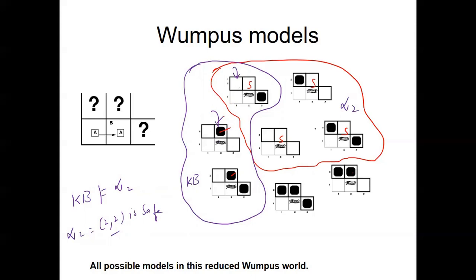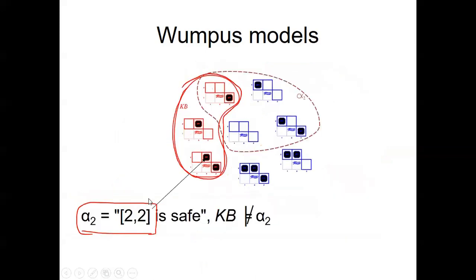KB is false, and alpha 2 does not have this information itself. Here we say it is safe, but actually it is not safe, and this is not available in alpha 2. So we cannot say that KB entails alpha 2. KB does not entail alpha 2. Okay.